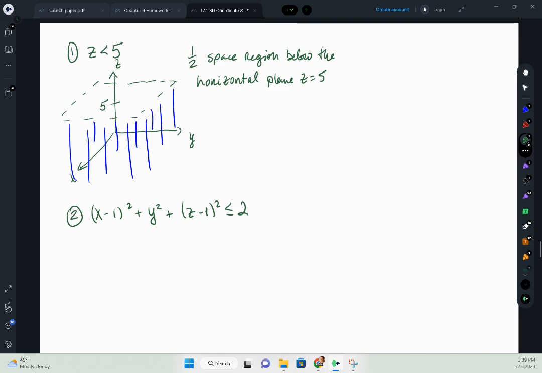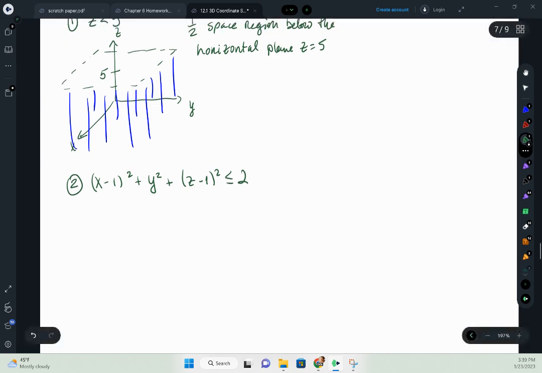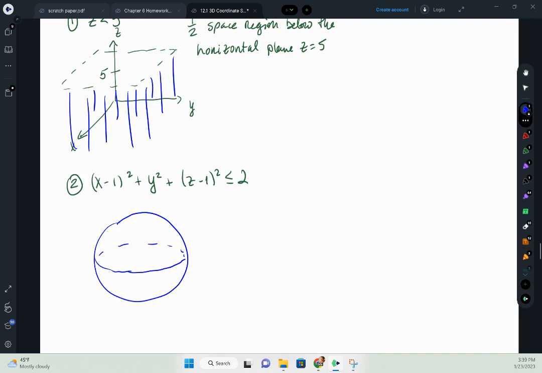It's not the stuff inside. It's the stuff that's right on the edge of the sphere. That's the definition.